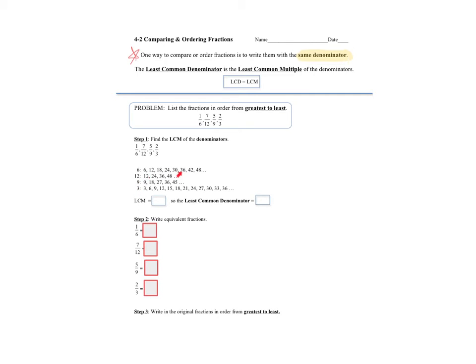So scan those lists and see if you can find the smallest multiple that 6, 12, 9, and 3 have in common. I'm going to give this a circle here. 36 is the smallest one that I'm finding on all 4 lists. So the least common multiple of 6, 12, 9, and 3 is 36.